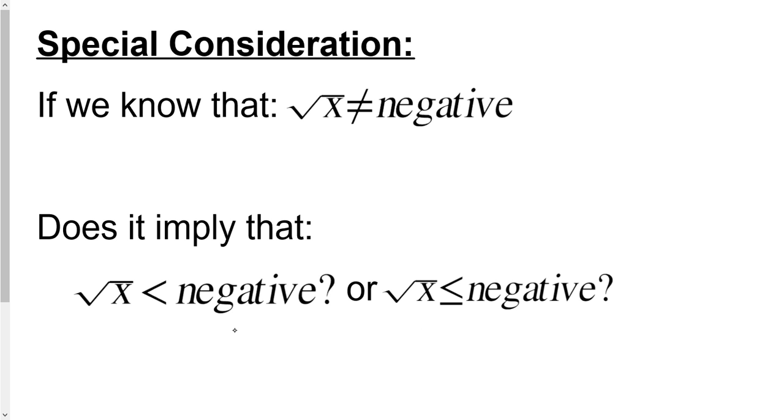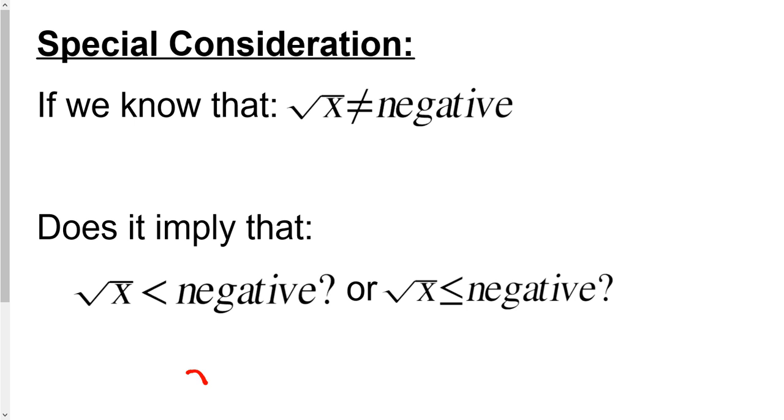Because if you think about it, what's less than something negative? A larger negative number. What's less than or equal to a negative number? Well, the same negative number or something more negative. So you could end up with something where you have no solution, okay?